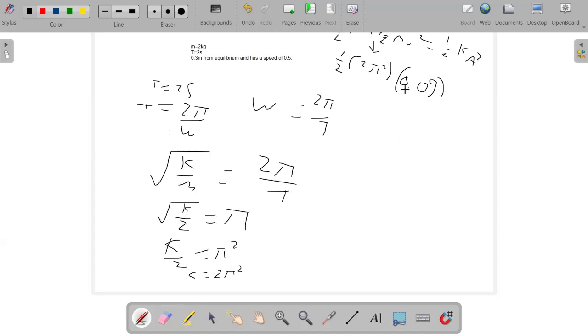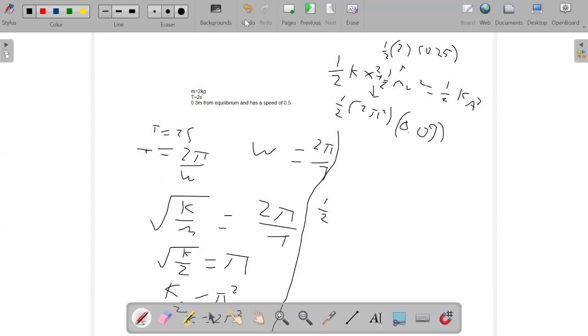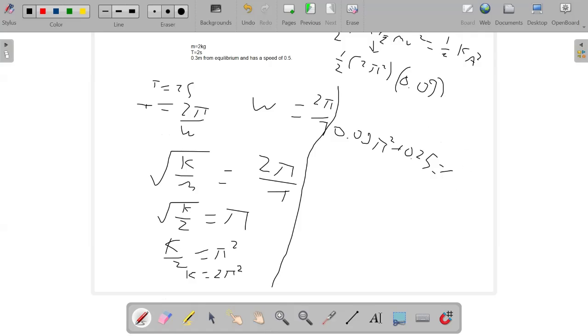So that means we get that the total energy is equal to, I'm just going to draw this line to help organize this. Actually, we can simplify this now. This 1/2 and 2 cancel out, so we get 0.09 pi squared plus 0.25 equals, and we can also plug in the value for k here, so we just get A squared pi squared.